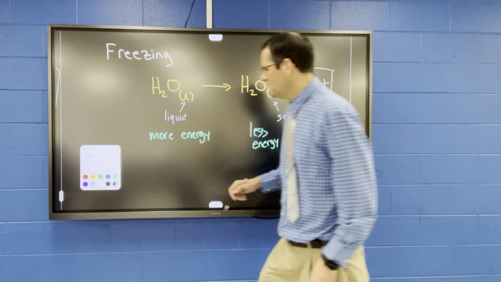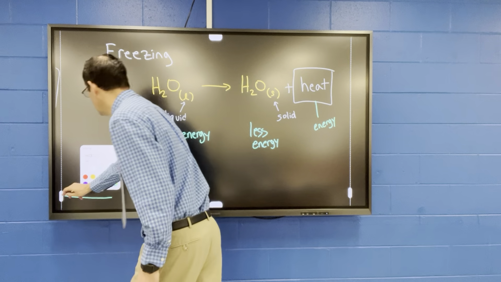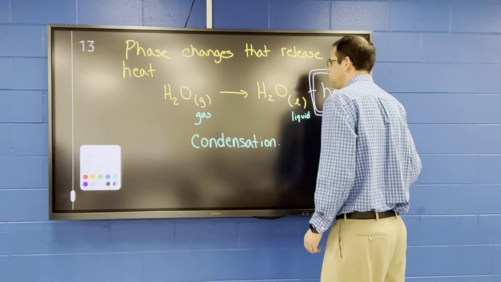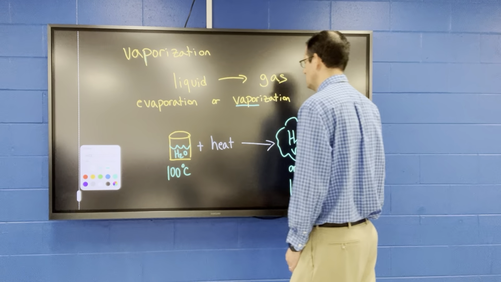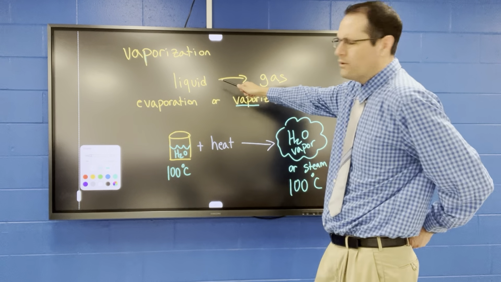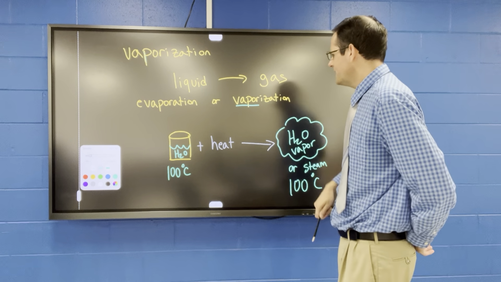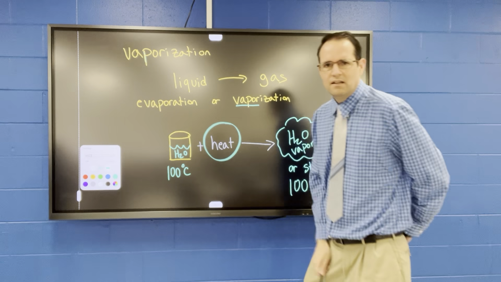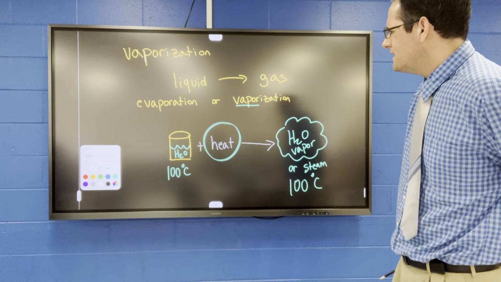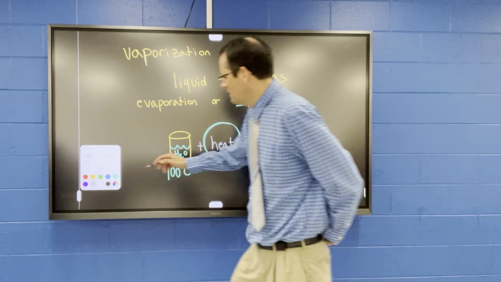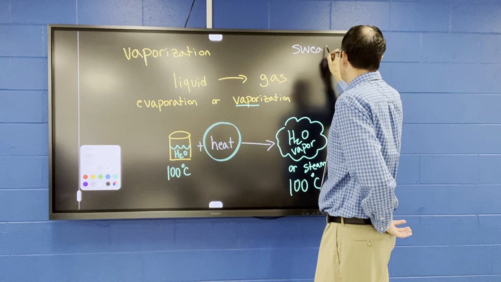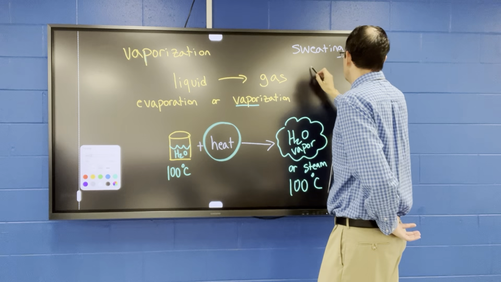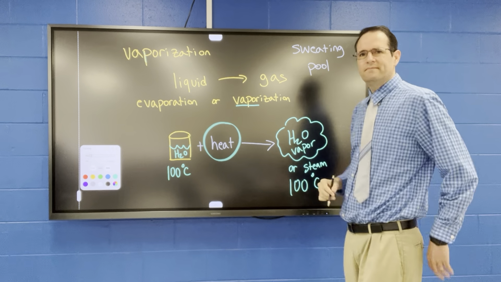One last thing I forgot to talk about. Way back here, when I talked about liquid going to a gas, I said that it requires heat. Now I want to talk about sweating. Or maybe you're at the pool. Think about it.